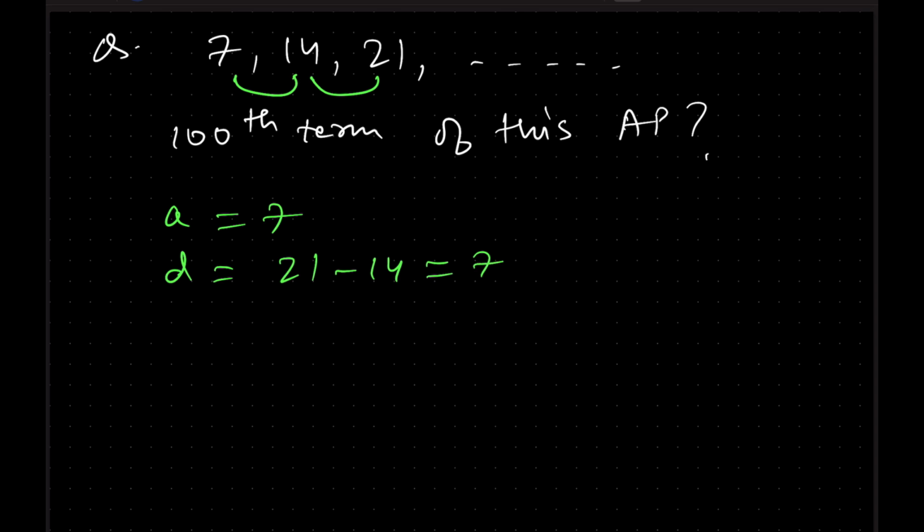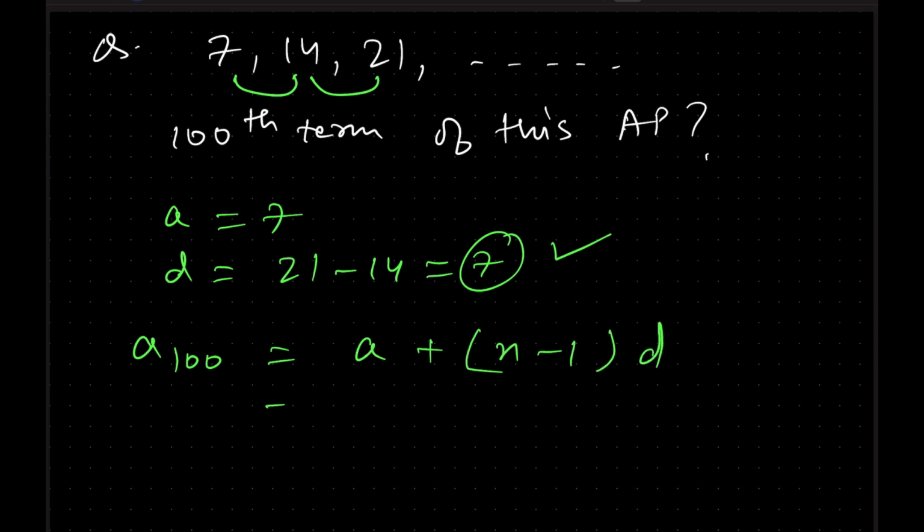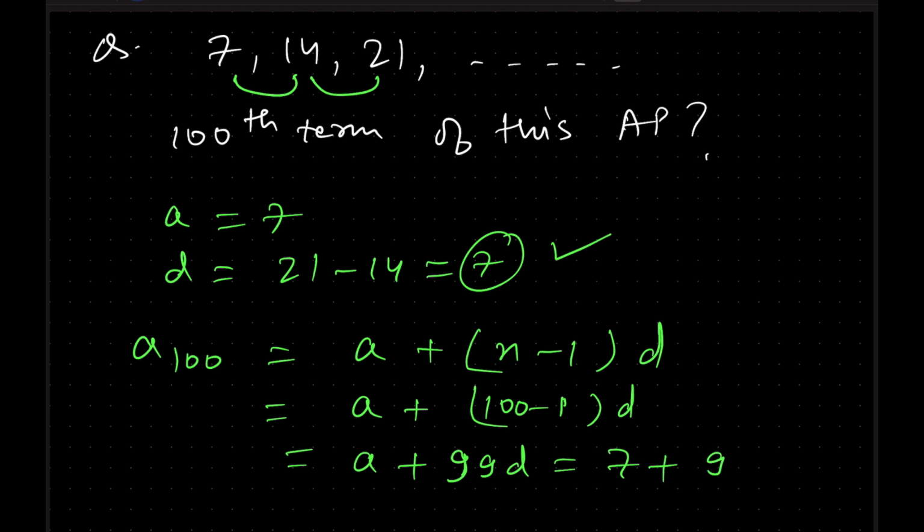So 7 is the common difference. So what will be the 100th term? You know that it is A plus (n minus 1)D. Here A is 7 and n is 100, so A plus (100 minus 1) times D, that is A plus 99D. You can write 7 in place of A, and 99 times D is also 7. If you do this, you will get 700.